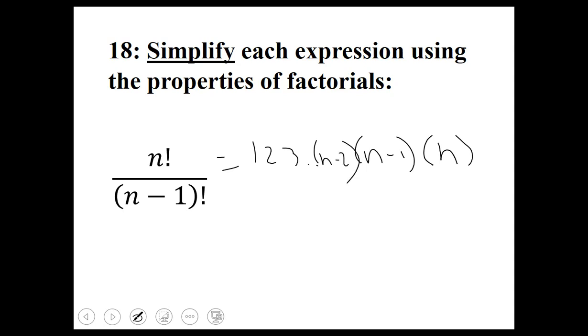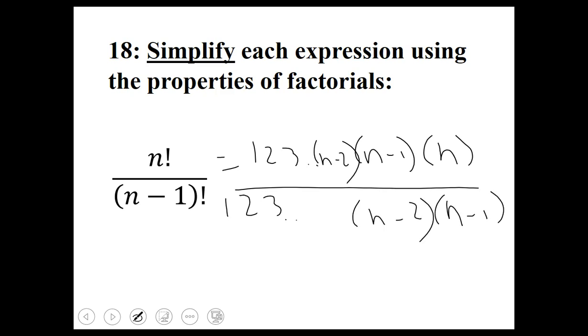Smaller than n minus 1 would be n minus 2. And then obviously there's lots of terms in between. If you were to write n minus 1 factorial, you would start 1, 2, 3. The largest number would be n minus 1. The number before that would be n minus 2, n minus 3, and again, lots of numbers in between.